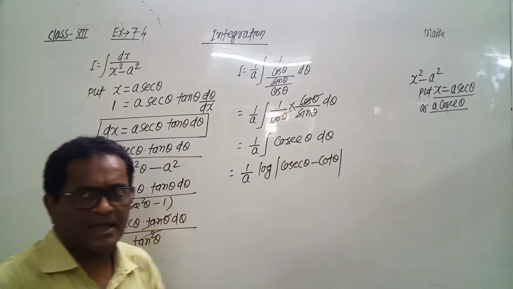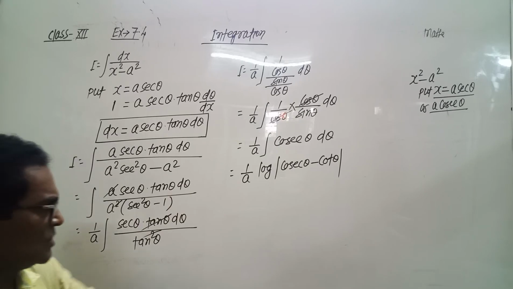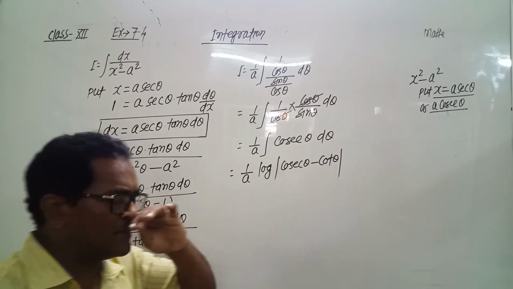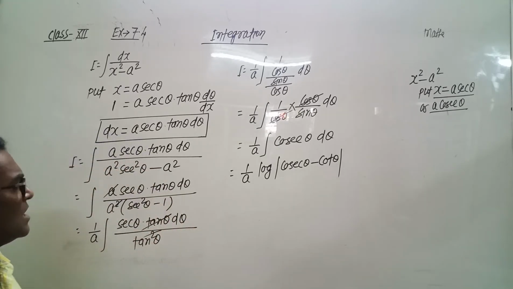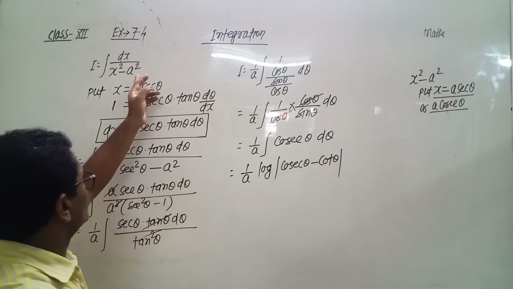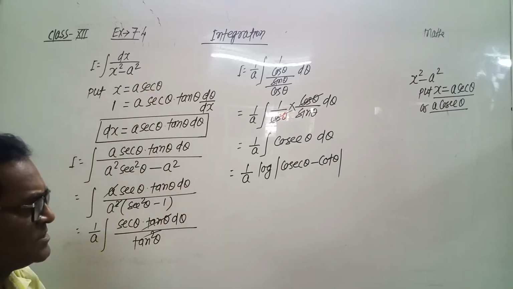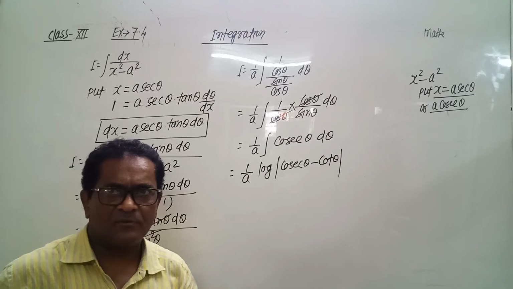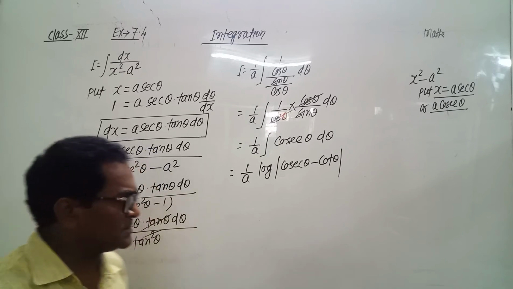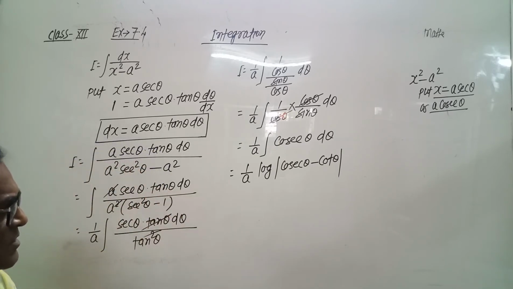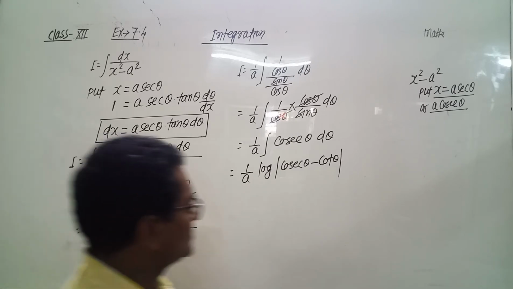Integration of cosec theta d theta is log of cosec theta minus cot theta. Now our question was in terms of x, so the final result must also be in terms of x. So we will convert cosec theta and cot theta in terms of x.